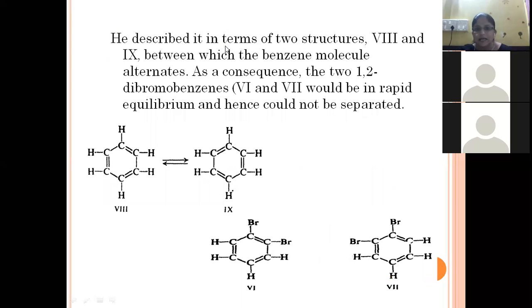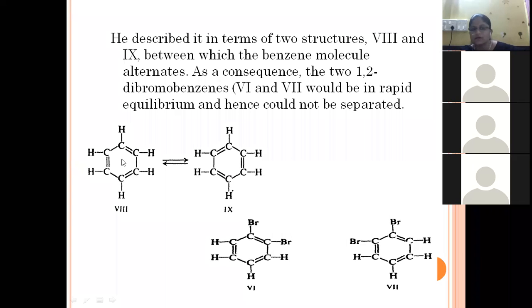So he described it in terms of two structures, structure numbers 8 and 9. He has removed the bromine and written down the structure of only the benzene molecule, with alternate double bonds.